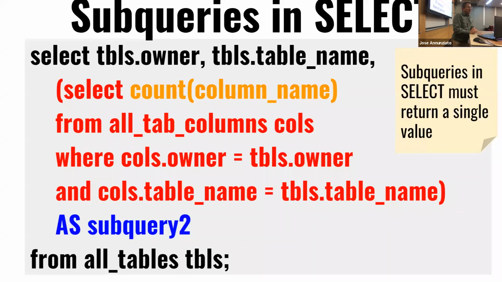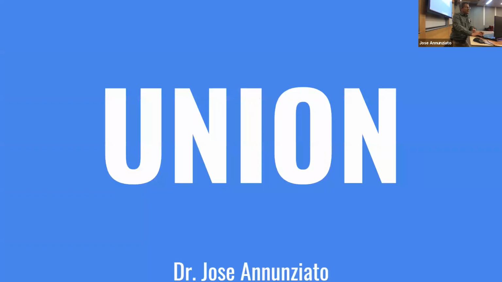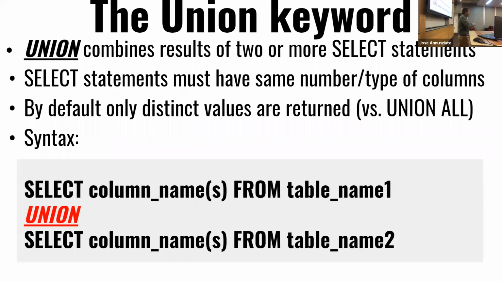So here's another one. We are doing another select, counting the number of columns, doing some subquery, and then retrieving some fields from one table and some fields from the other table. Union is operating on, again, 2 tables. Basically, we want to grab the result set from one query and concatenate it with the result set from another query.